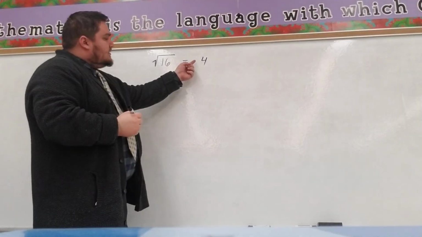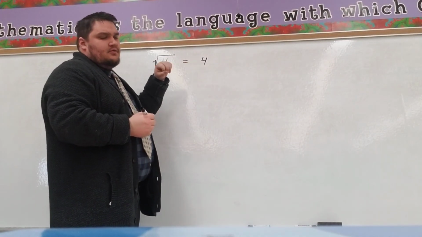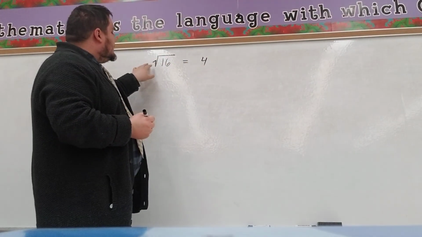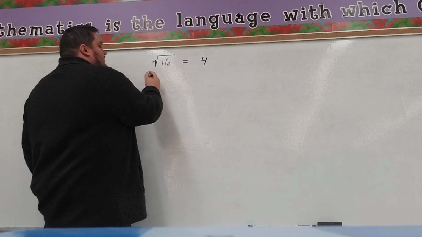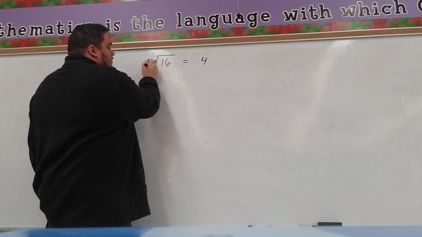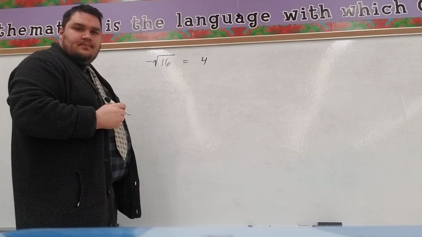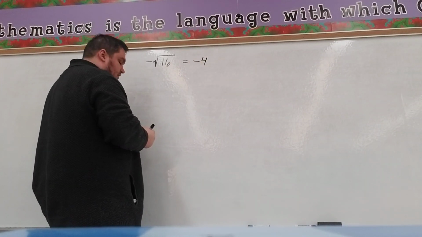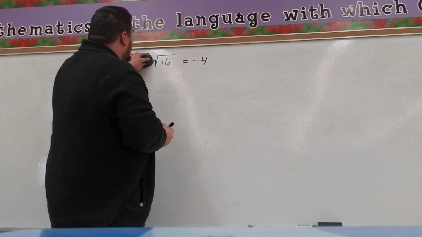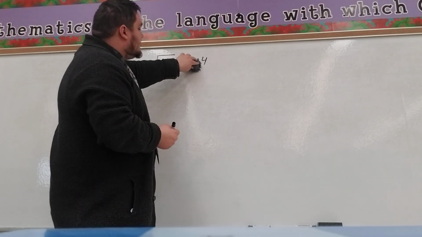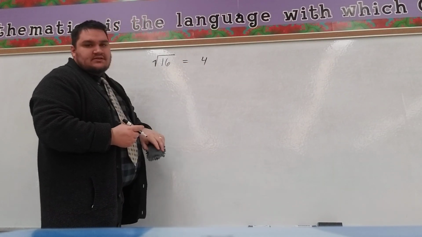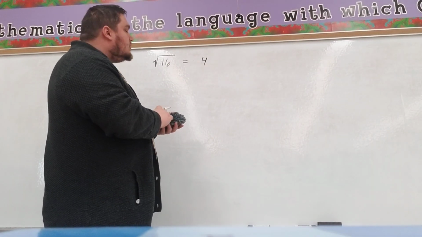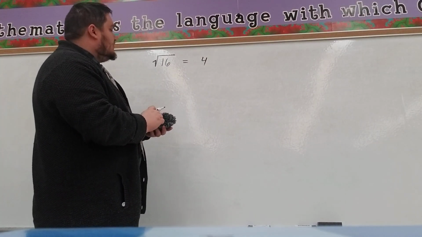Now I can say positive 4, even though negative 4 works as well, because if I wanted you to give me the negative root, I would put a negative in front of it. And then the answer for this would be negative 4. But if it's just blank like that, that's the positive root, or the principal root, as it's also called.